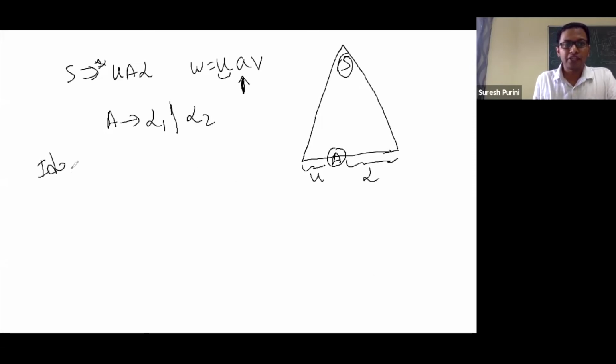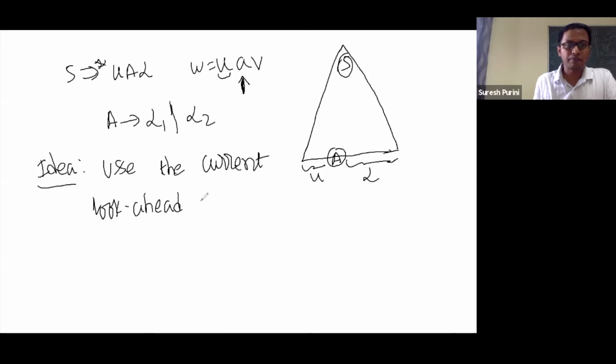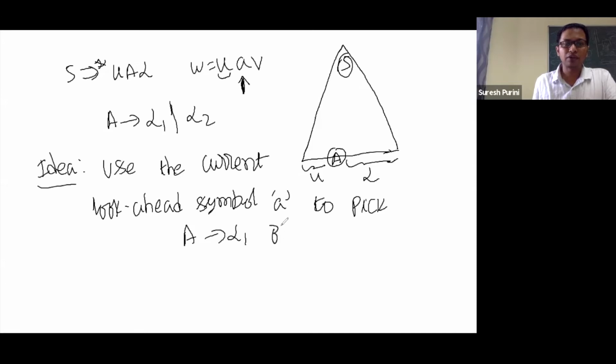But the idea here is to use the current lookahead symbol a to pick A goes to alpha 1 or A goes to alpha 2.